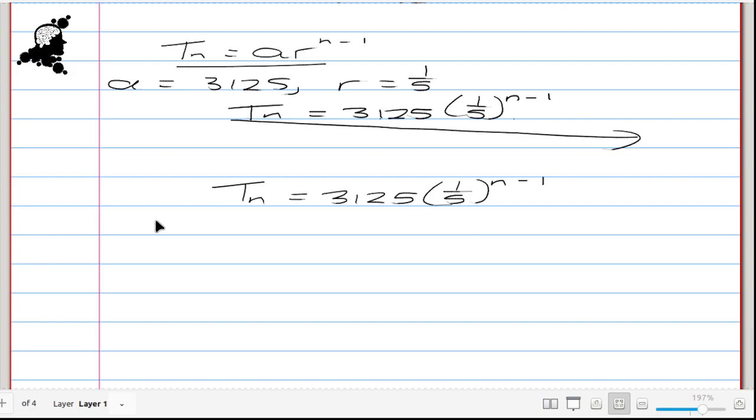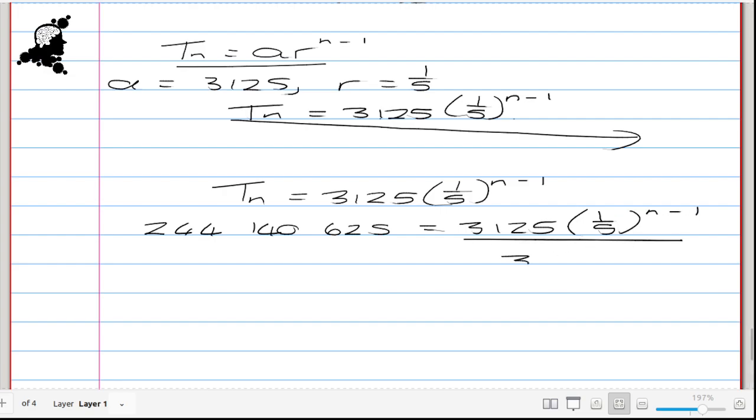So that number again, 244,140,625 is equal to 3,125 into 1 over 5 to the power n minus 1. I can divide this by 3,125, and I can divide this by 3,125.